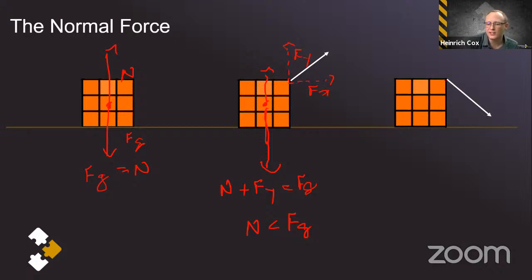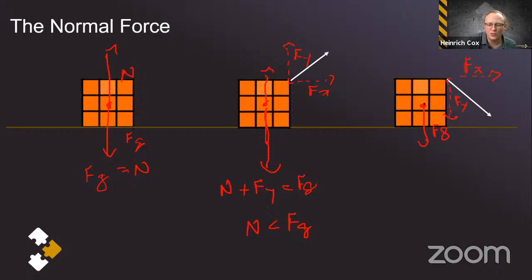Okay, in this instance here, you've got an applied force with an x component going that way, and now you've got a y component going down. So again, Newton's first law, forces are balanced because the object's not moving, or even if it was moving at constant velocity, the forces would still be balanced. But now here, you've got Fg going down and Fy going down.